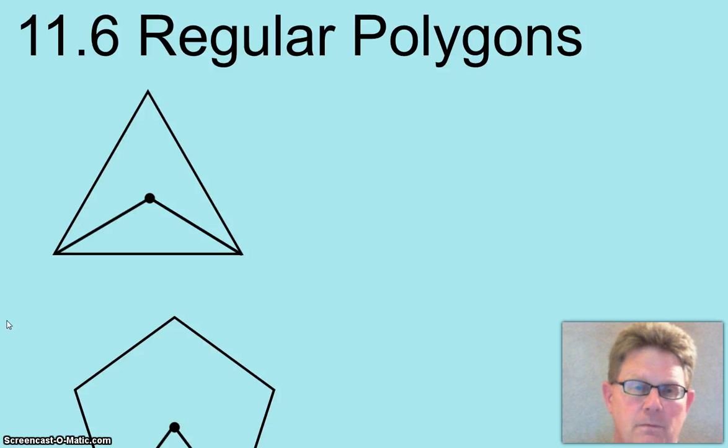Some definitions that we need to cover. This distance right here, that is called the radius of the regular polygon.